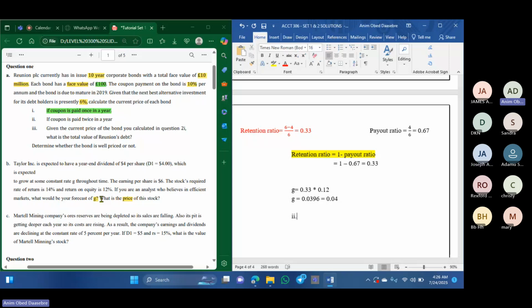So the next thing we are going to do is we'll find the price of the bond. We have D1 is 4.